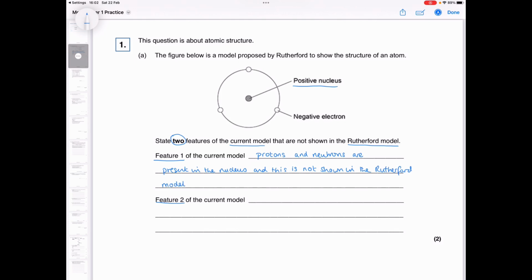Okay, and then the second model only shows 3 electrons in a single energy level, whereas in the current model, electrons are found in orbitals at different energy levels.